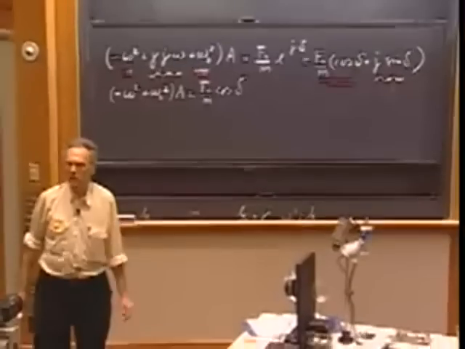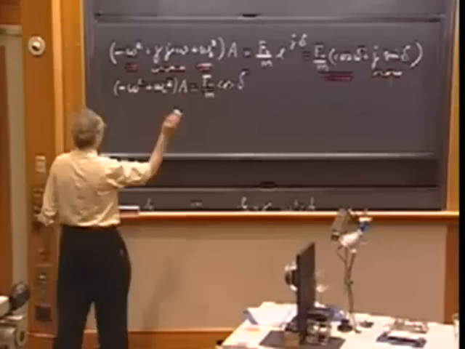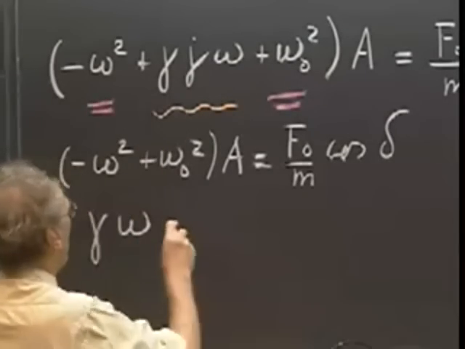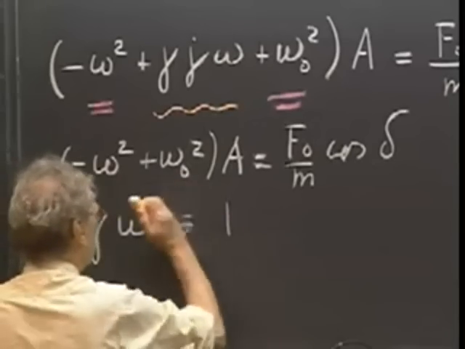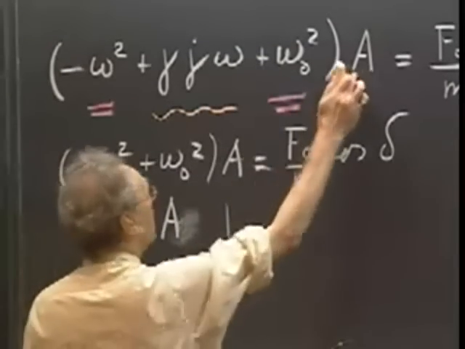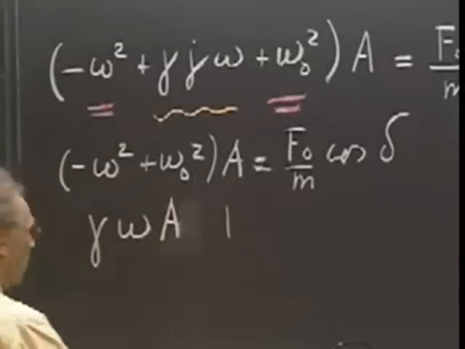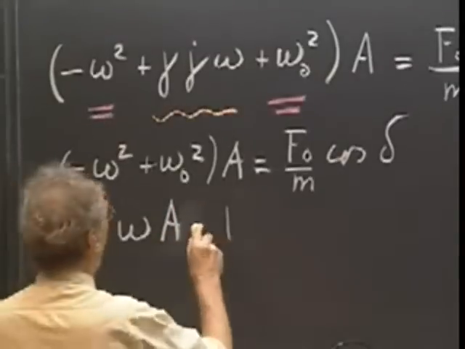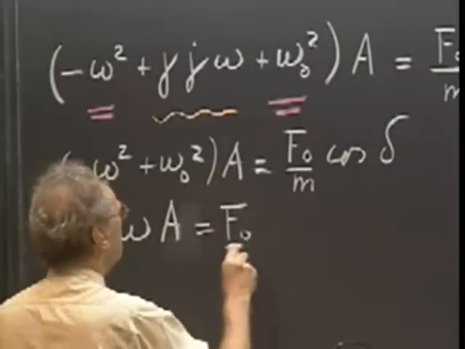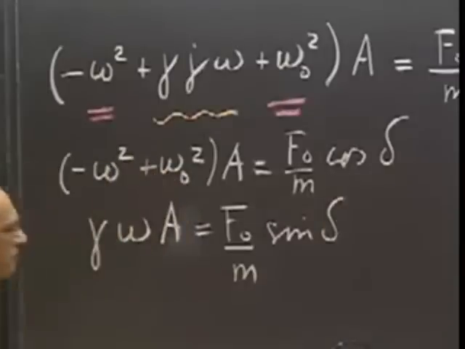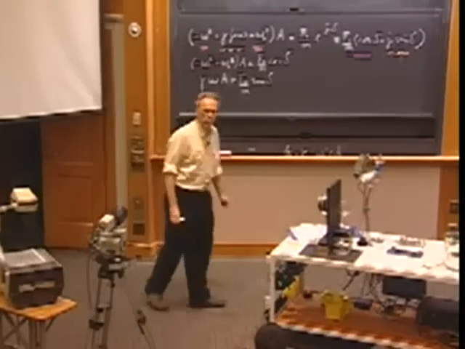Apples on both sides are equal, and now we get the oranges on both sides. γω times A, I still have this A here, equals F0 divided by m times the sine of δ. Two equations with two unknowns, A and δ, and they're easy to solve.